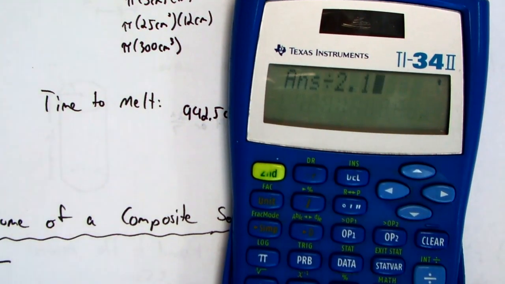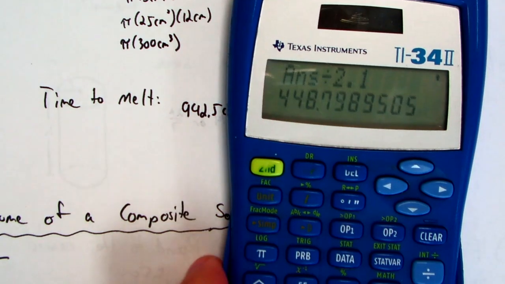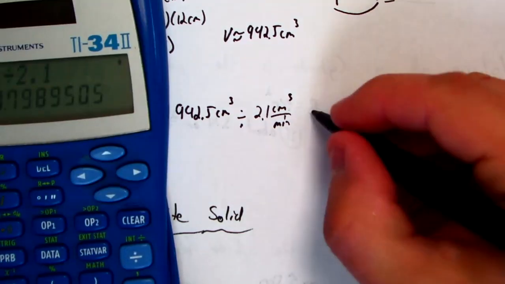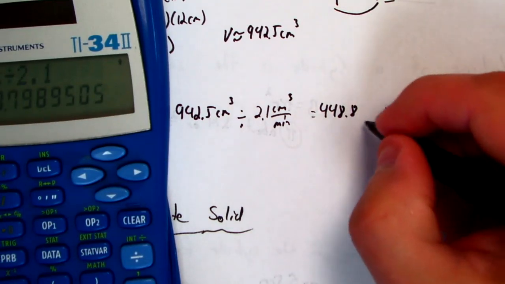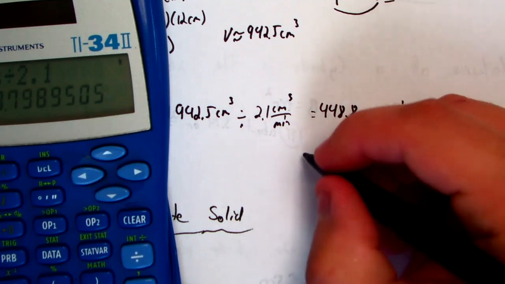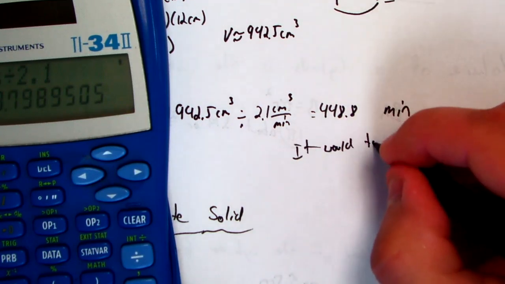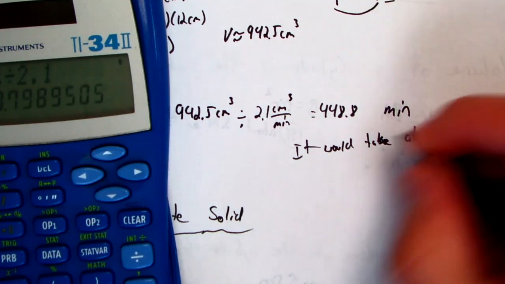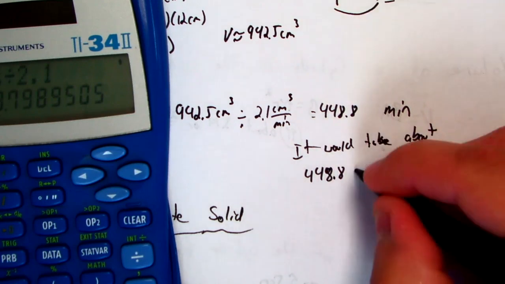So this is a more accurate number. 448.8 minutes. So it would take about 448.8 minutes to melt.